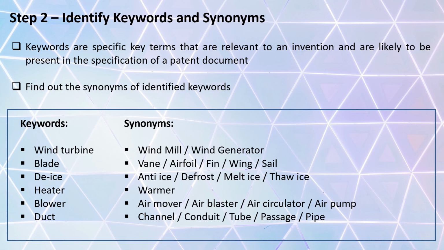So if I am searching the invention restricted to the word wind turbine, I might never come across that document, although it's explaining the same invention. But since that attorney or agent has used the term wind generator, I might never find that. Okay, another example would be, let's say I am searching for a patent document and I'm using the word vehicle.